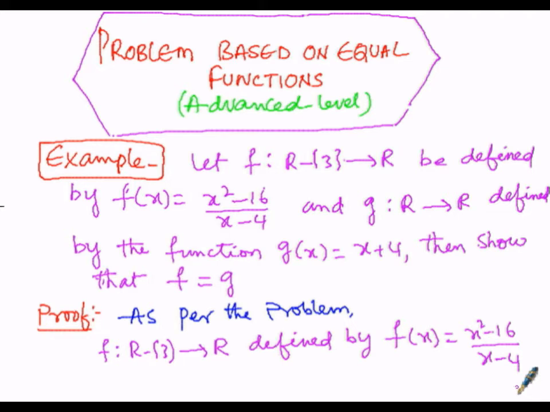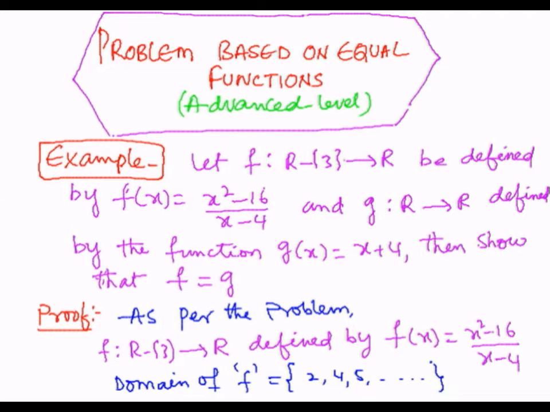The domain of this function f consists of all the remaining real numbers except 3. So first let us write the domain of f, the first function, which is the set consisting of all reals except 3. So we can write it as 2, 4, 5 and so on.